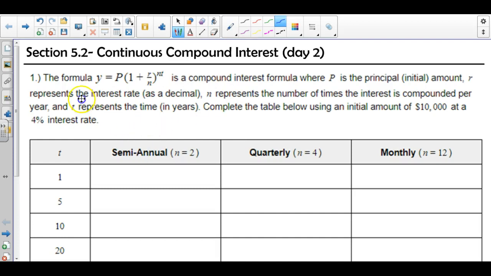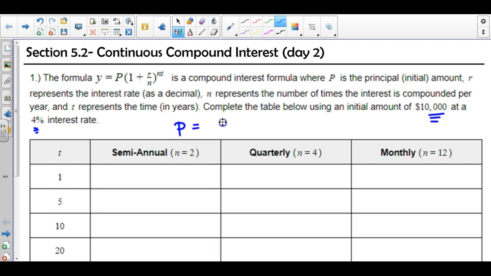So I'm going to model a situation where we use an investment of $10,000, and that's our p-value, and a 4% interest rate. I'm going to set this formula up in Desmos and show you a way to calculate a table really fast.